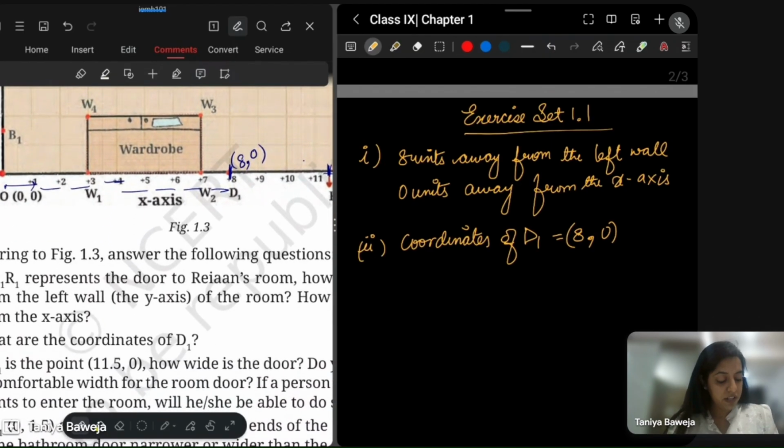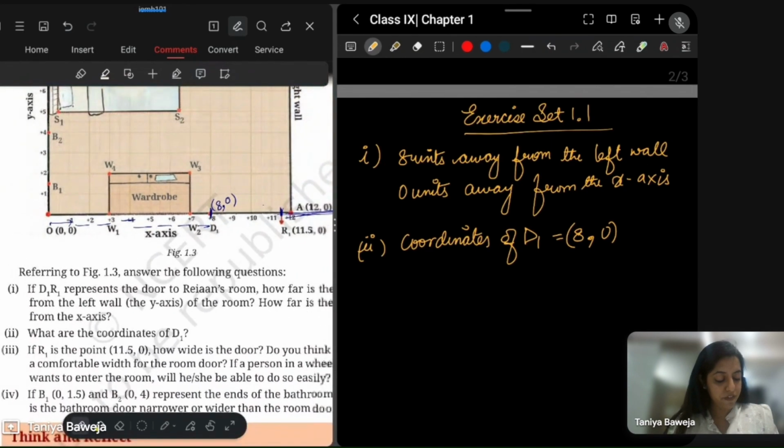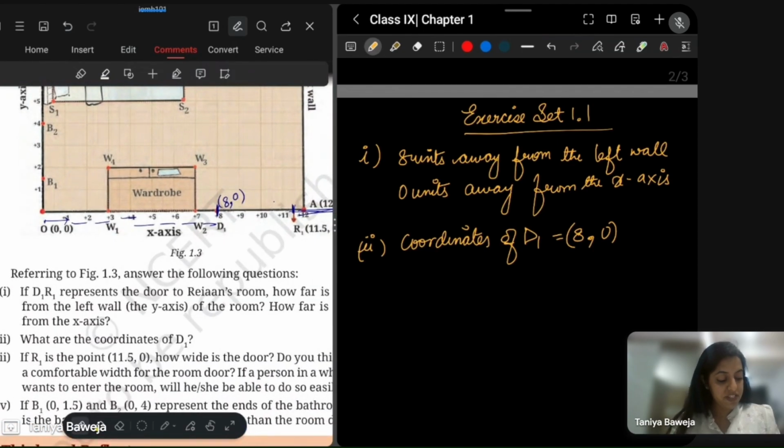If R1 is the point 11.5, 0. We have seen R1 is 11.5, 0. They're asking how wide is the door? How broad is the door? How can we find it? The width of the door is basically this.